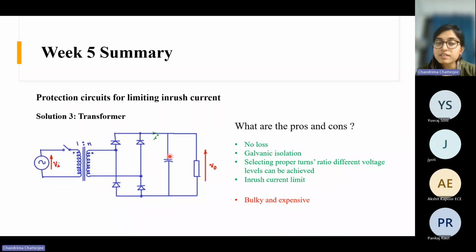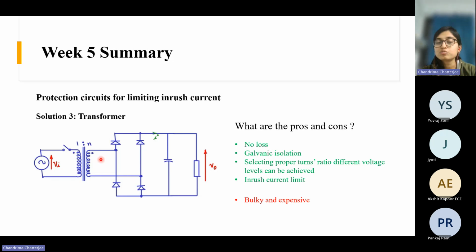Another advantage is that if you choose the turns ratio properly, you can get voltage according to your wish. You have this flexibility of choosing the voltage here based on the turns ratio. Suppose you don't want 230 volt, you want a voltage lesser than 230 volt, so you can choose the turns ratio accordingly, so that you will get a reduced voltage here, and afterwards you can just rectify it and get the voltage according to your desire.